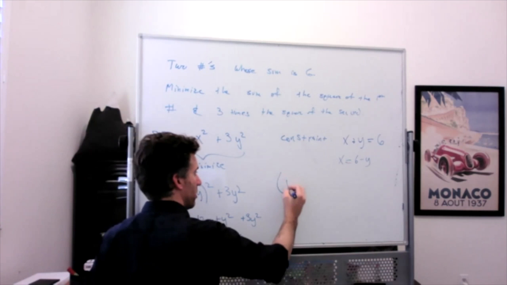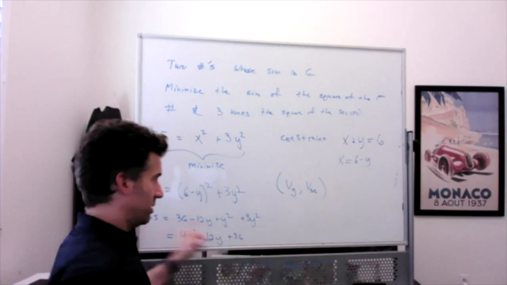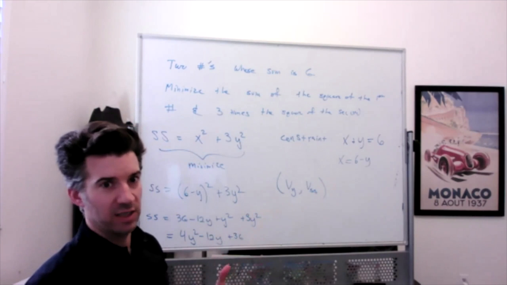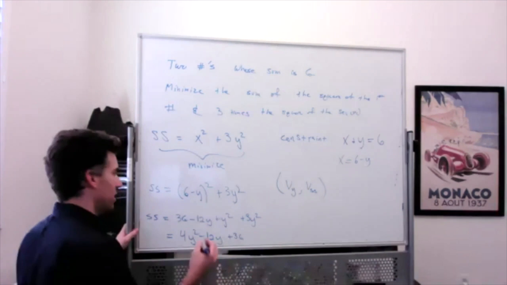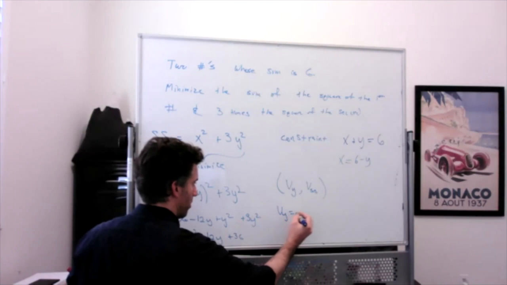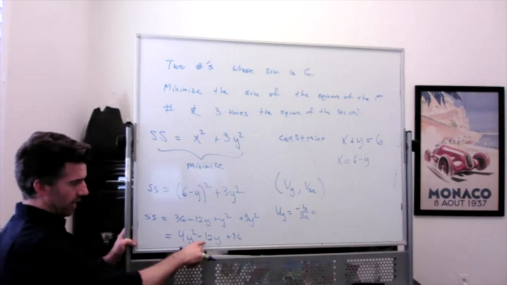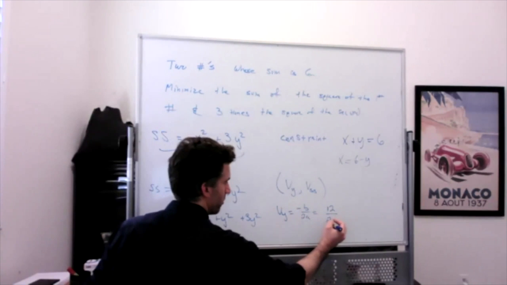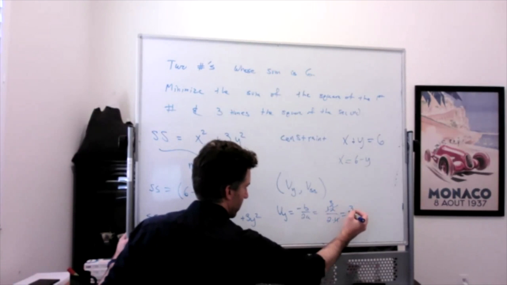The y coordinate of my vertex, which is the input, right? I know, again, it's kind of strange, but the y's are the inputs here because that's the variable we're working with. It is going to be negative b over 2a, which is negative 12 over 2 times 4, which I can cancel a 4 and a 4 and get 3 halves.